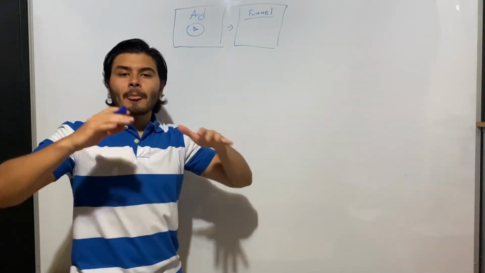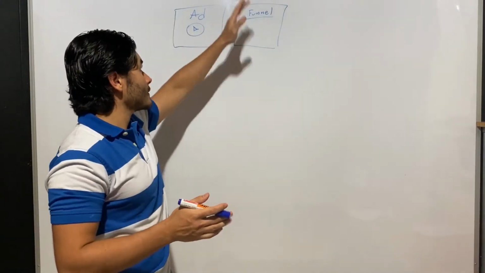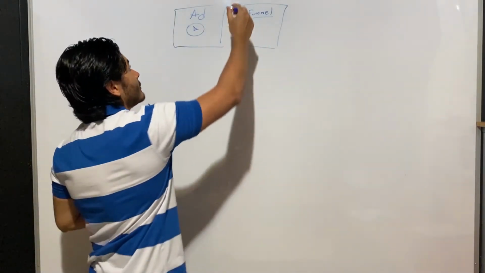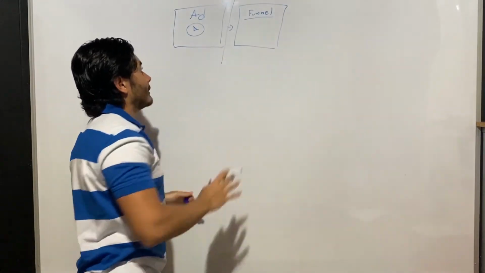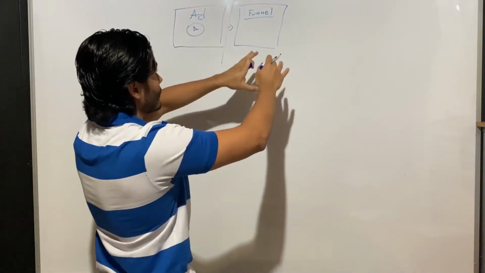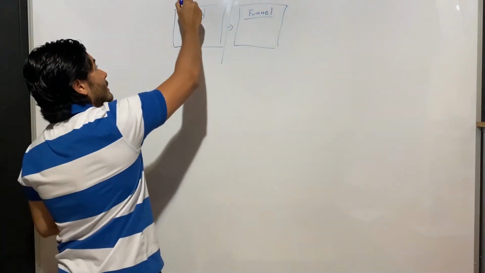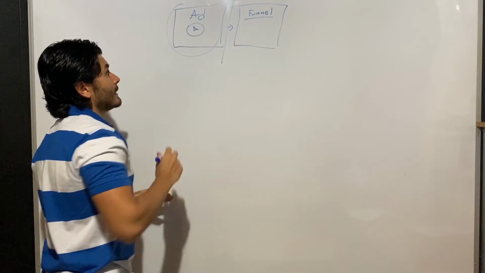For me, the best way to do this is to divide the process. On one side we have the ad, and on the other side we have the funnel. The first step is to start analyzing the ad.